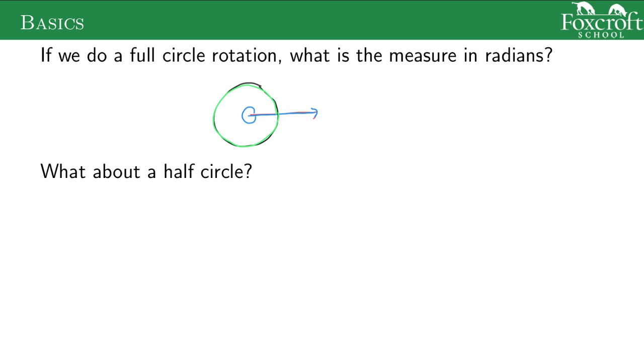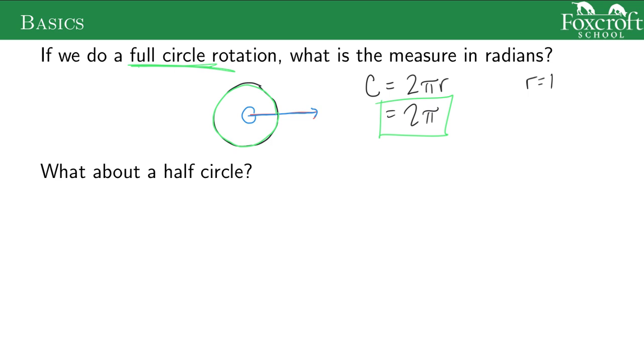So the radian measure is the same as the circumference, which we know is 2 pi r. And one of the important things on the previous slide was that the radius was 1 because it's a unit circle. So it's just 2 pi. So a full circle in radians is going to be 2 pi.